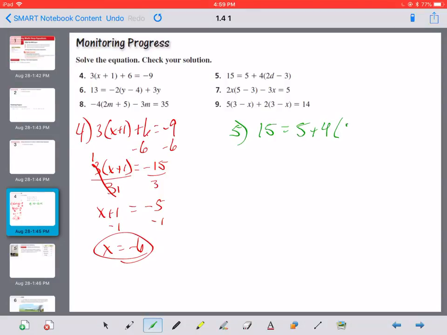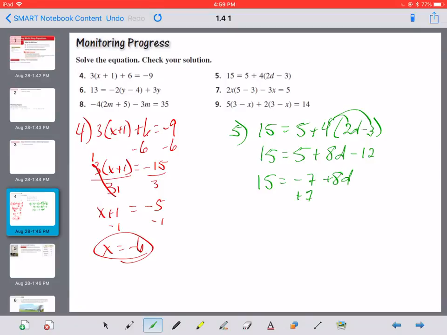Okay, number 5. 15 equals 5 plus 4 times 2d minus 3. When I subtract 5 from both sides, I get 10. That's not divisible by 4, so I'm going to go ahead and distribute inside here. So now that's 5 plus 8d minus 12.